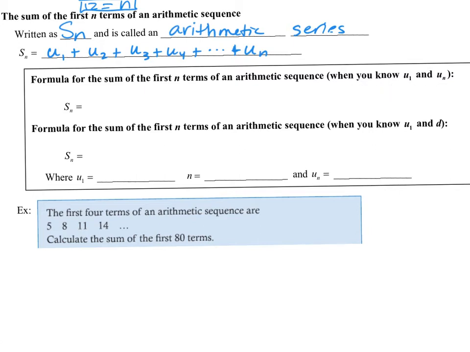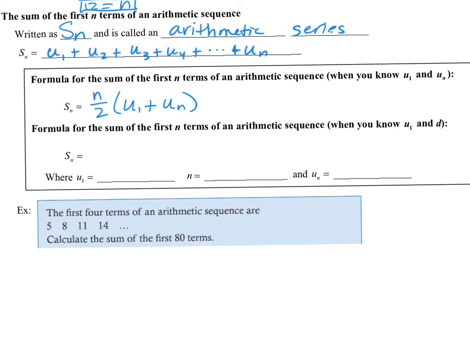And that formula looks like this. It is S sub n is equal to n divided by 2, the number of terms divided by 2, times the first term plus the last term. If we know the first term, the last term, and the number of terms, this is a pretty easy formula to use.